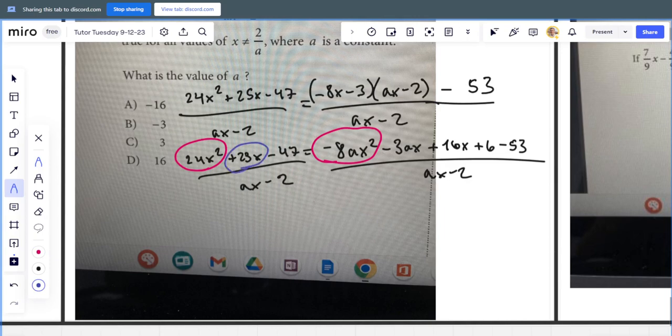If we match our powers of x, 25x should match up with −3ax + 16x, and then the constants should also match up. They've got to. −47 matches up with 6 − 53. So 24 should equal −8a. That should give us a equals −3, and that gives us answer choice B.